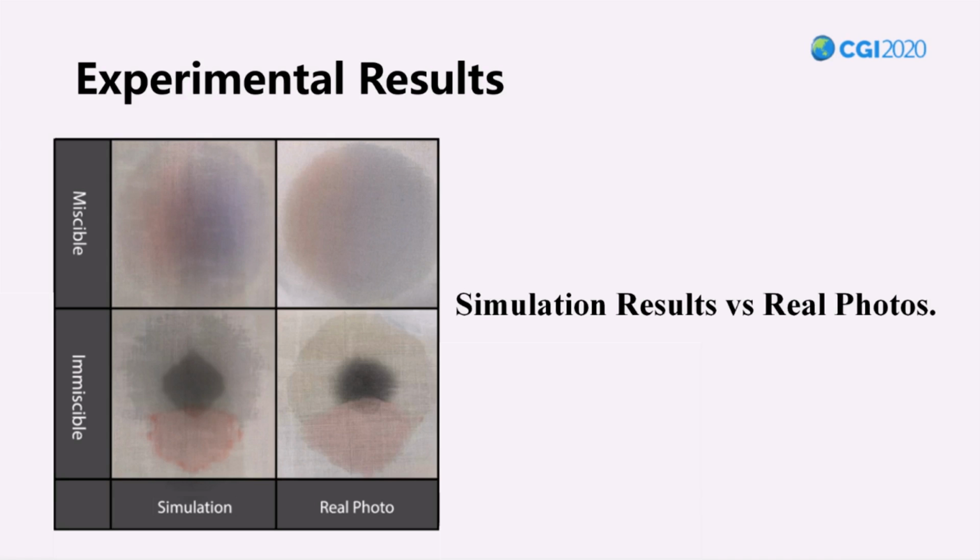We also conducted simulation and comparison experiments for real scenes. In this comparative experiment, we set up two sets of solvents. The first set of experiments tested the diffusion effect of miscible solvents. The solutes were red and blue dyes, and the solvents were all water.